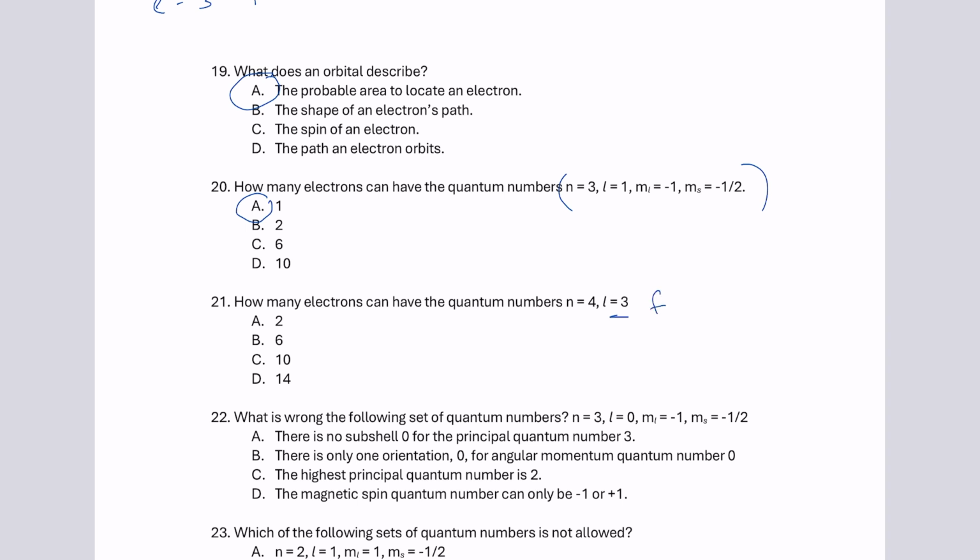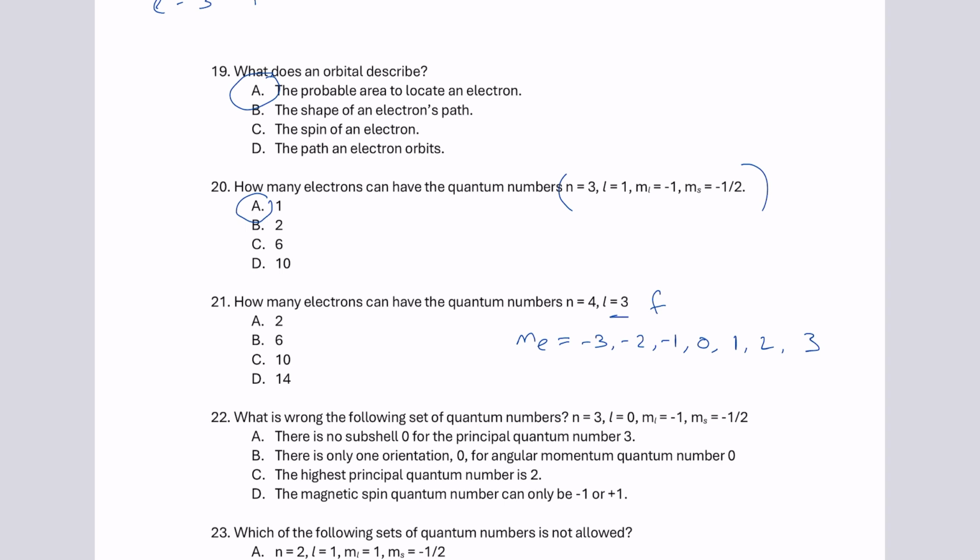Within the f subshell, the magnetic quantum number can take on any values ranging from -3 to +3. And that is going to give us a total of 7 ml values. That number 7 corresponds to the possible orbitals you can find in the f subshell.